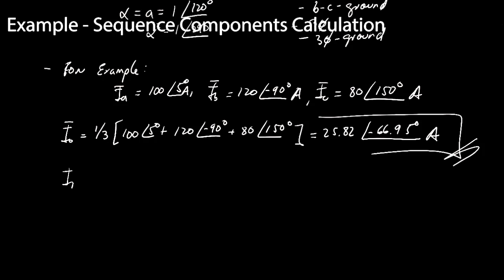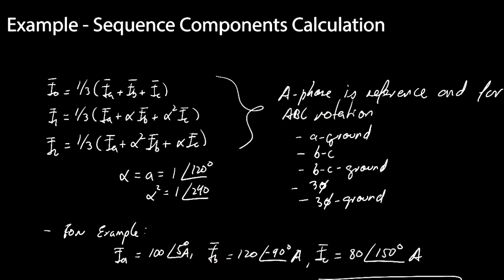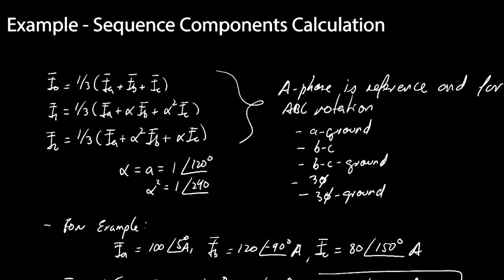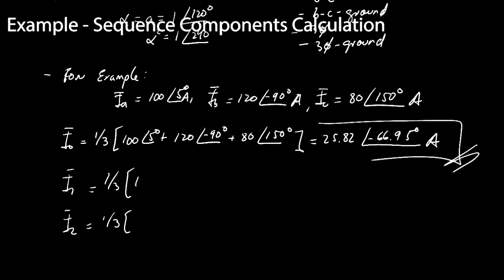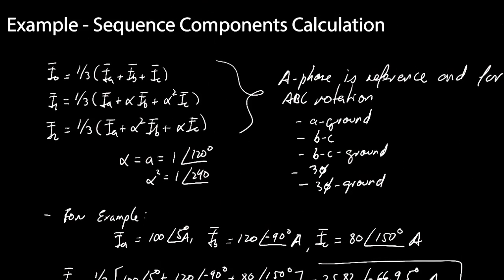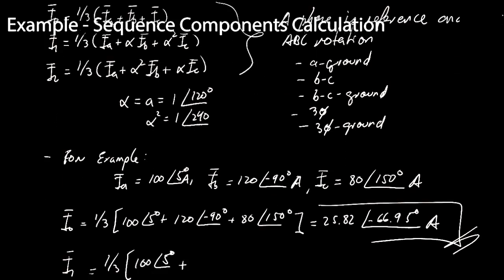Now for the positive sequence current, let's do the negative sequence current at the same time. We have 1/3 times three terms, and the first term is simply IA, so I plug in IA, 100 at 5 degrees, in both equations. Now for the positive sequence, we have alpha IB, and for the negative sequence, we have alpha squared IB.